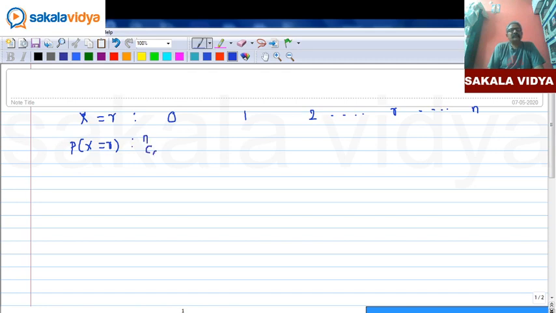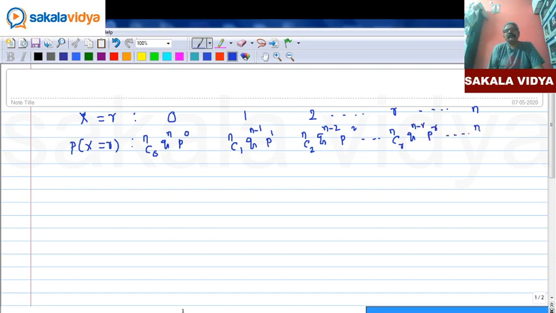This is nC0 q to the power of n p to the power of 0. This will be nC1 q to the power of n minus 1 p power 1. This is nC2 q to the power of n minus 2 and next p square, and so on. nCr q to the power of n minus r p to the power of r, and so on. nCn q to the power of 0 p to the power of n.